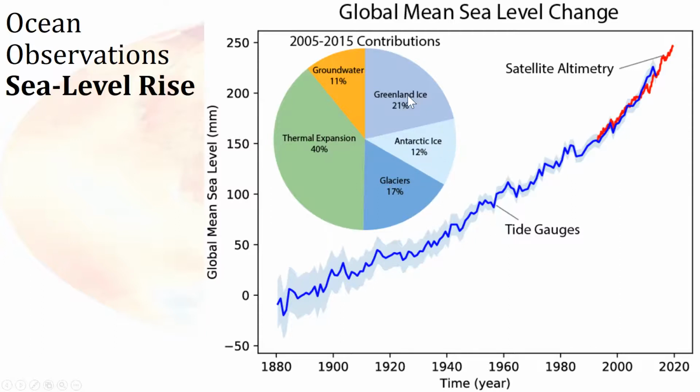We have Antarctic ice and Greenland ice, so the South and North Poles, contributing about 30%, 33%. And then we have groundwater. As groundwater gets pumped up, used in systems, put into rivers, and then goes out to the ocean, that actually lessens the weight on the Earth's crust. And so that can cause changes in sea level rise. So this captures a good bit of those changes.